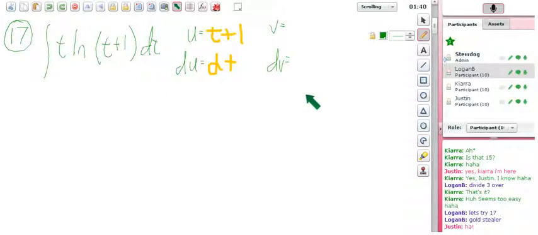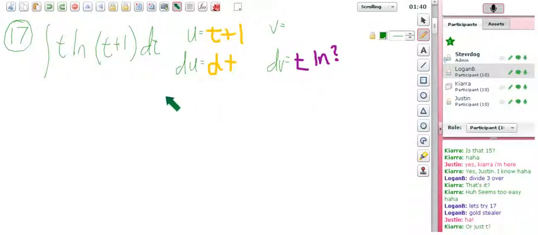So then what would dv be? I think there's a couple things that we're missing here. Natural log of t plus 1, it's not multiplication. You're not multiplying the natural log times t plus 1. You're taking the natural log of t plus 1.